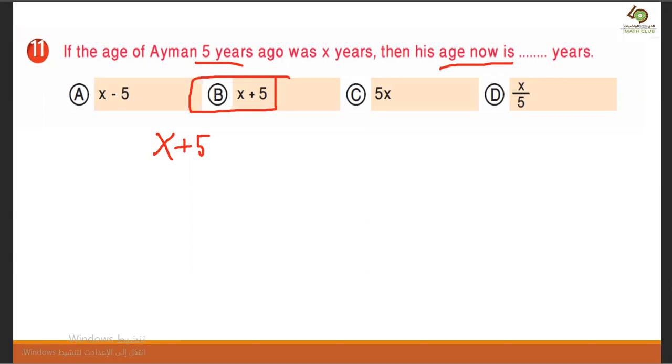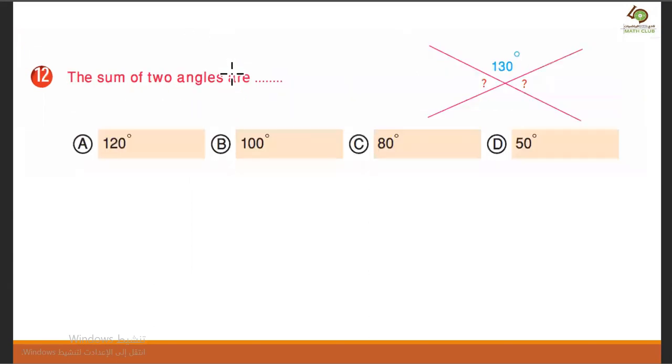Okay, number 12, the last question, then we will go to the variable section. Okay, what is the sum of the 2 angles? When you see 130 degrees and here, because it is a line, what is in the question mark? 130, so it is 50, right?